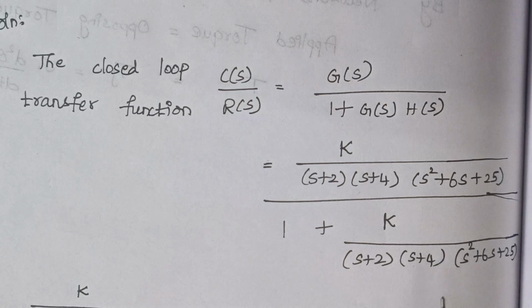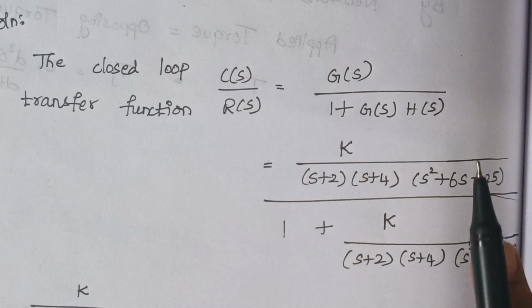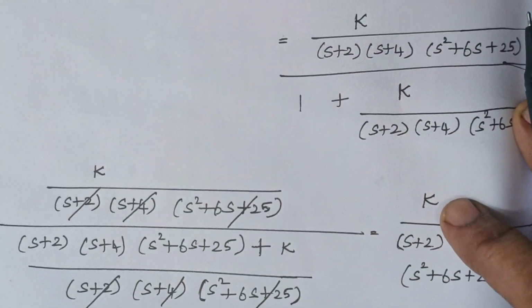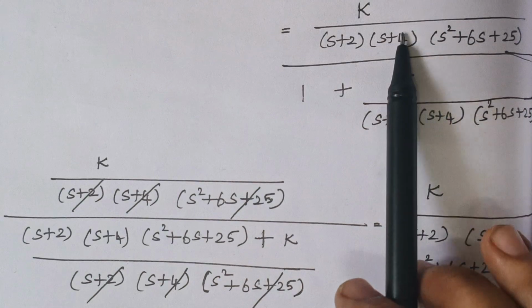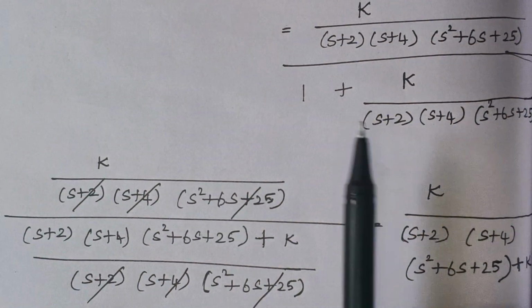And the next step is we have to take LCM for our denominator part. Taking LCM is nothing but these entire terms will get multiplied with the 1 here. When you take LCM, we have an expression like this. The numerator term remains as such and this denominator term I am just multiplying.